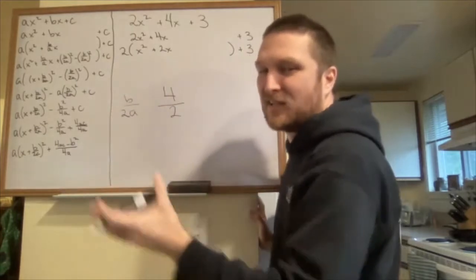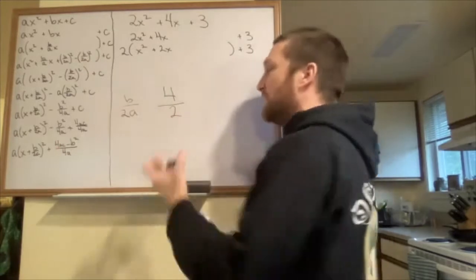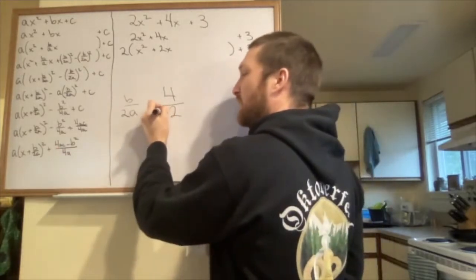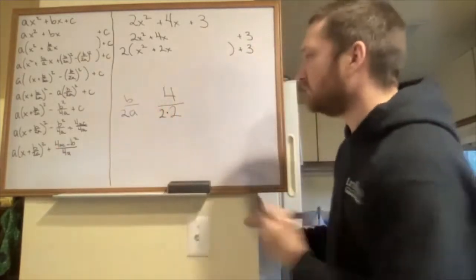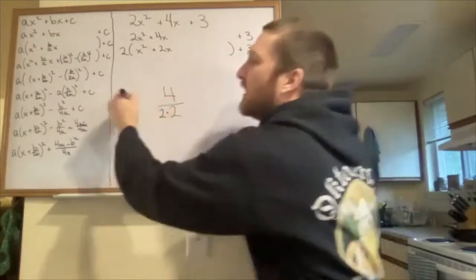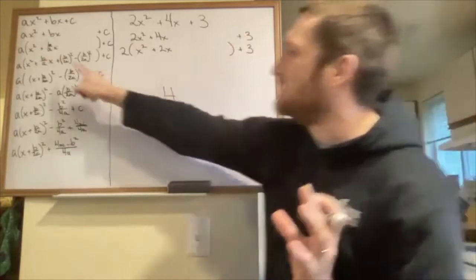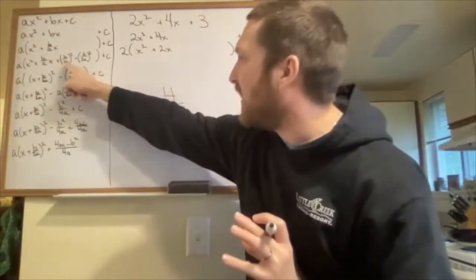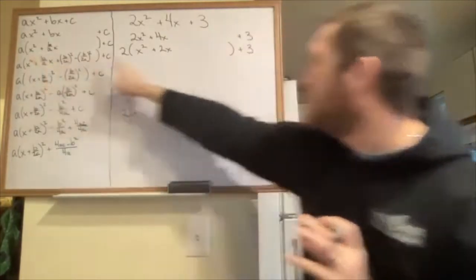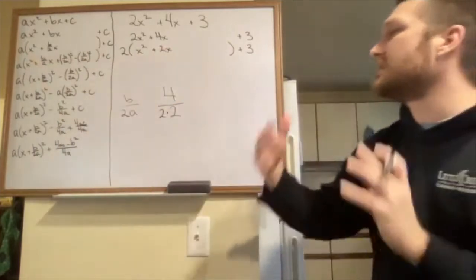I said adding in a 2. Introducing a 2 into the denominator will give you that right there. If we were just plugging things in, that's what we'd have, but we don't have to think about it that way. When I see this, I think, oh, that's half of whatever that number is. That number's 2. What's half of 2?